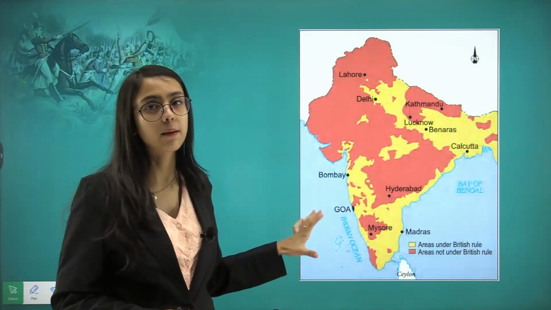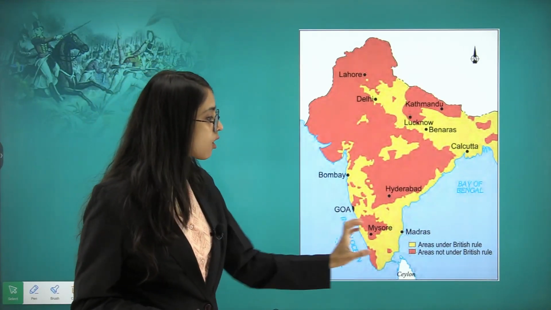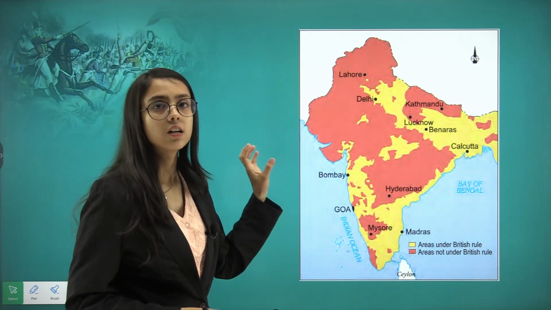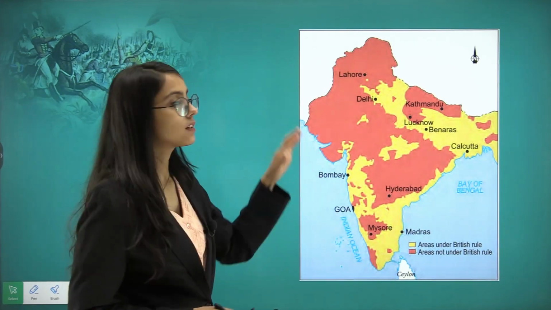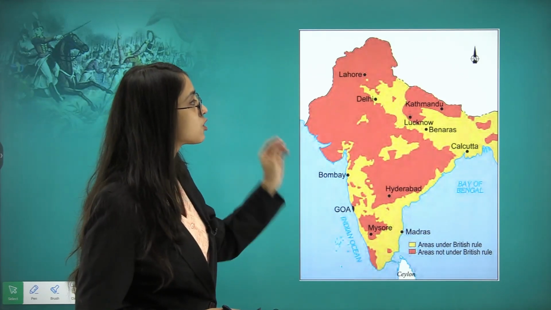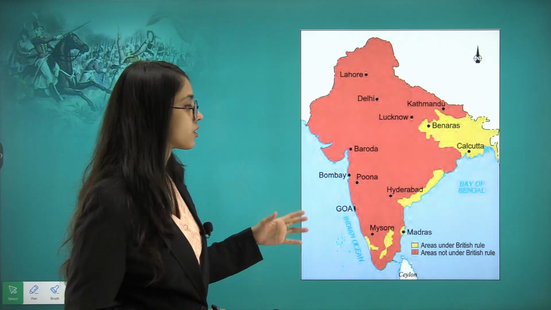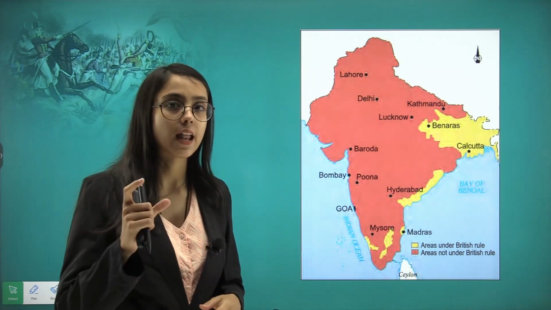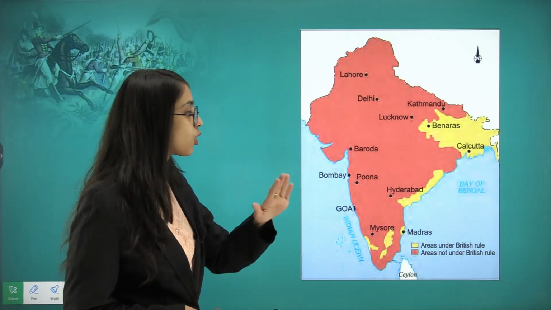In this map you can see how the British only controlled small parts of India at an early time. The yellow areas are under British rule and the pink areas are not under British rule. Now, as you can see the change after so many battles and the doctrine of lapse, the British territories extended thoroughly.